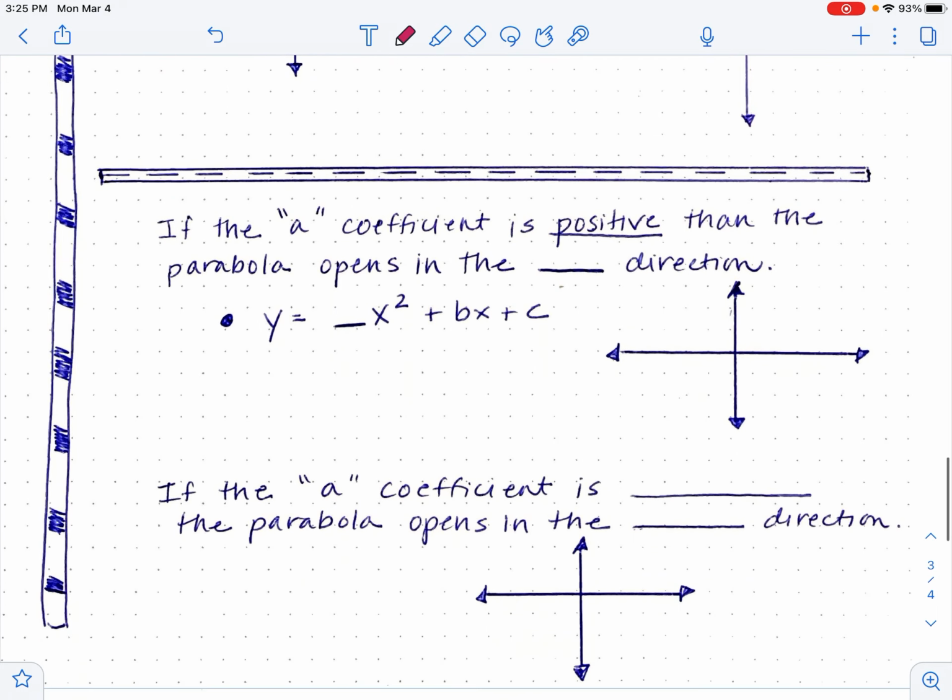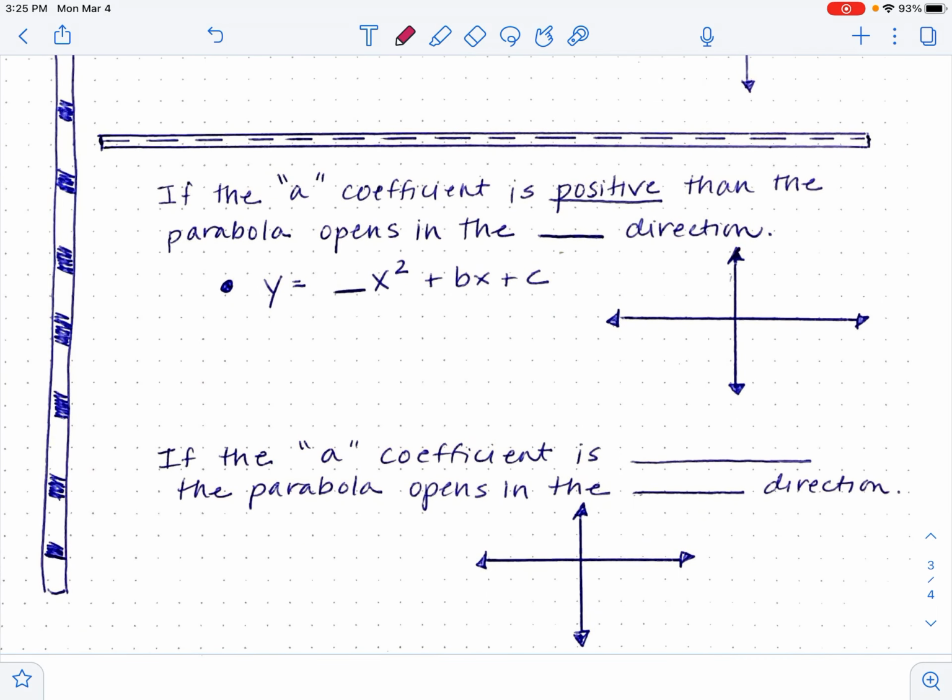If the coefficient a is positive, then the parabola opens in the up direction. In this case, the coefficient in front of the x squared is positive, therefore up. If the a coefficient is negative, the parabola opens in the down direction.